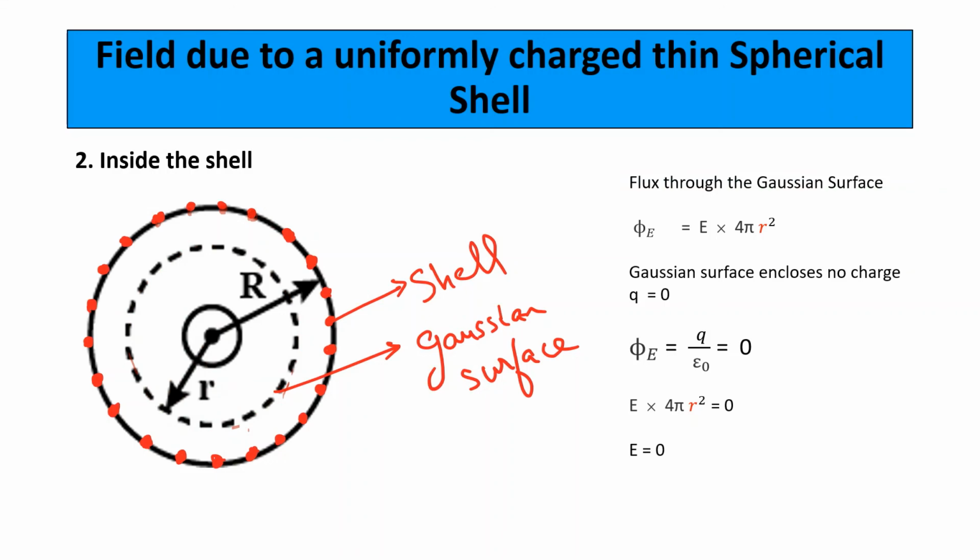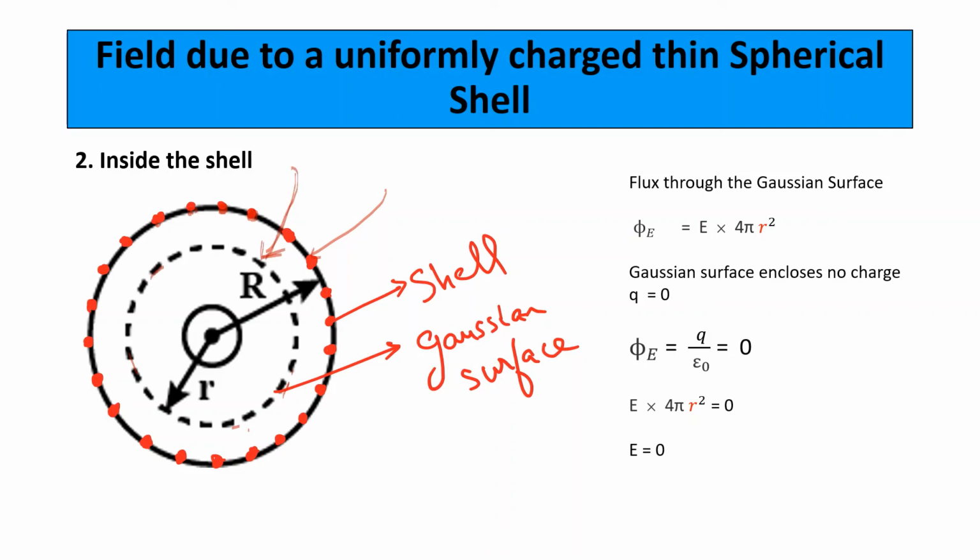We have seen that the electric flux through the Gaussian surface is phi E is equal to E into 4 pi r squared. For a shell, there will be no charges inside the shell. All the charges are on the surface. Now, the Gaussian surface is inside the shell.